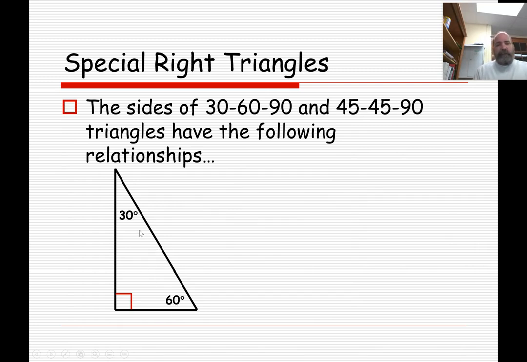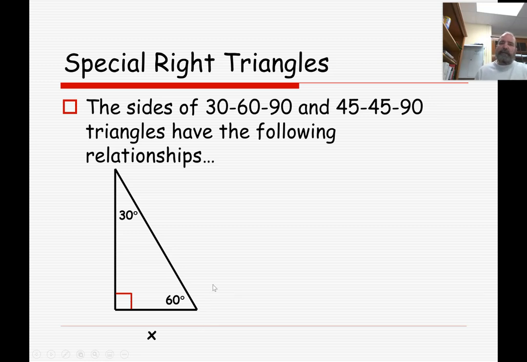Okay, so I have a 30, 60, 90 right triangle. And of course, these add up to 180. The sides are always proportional. Okay, and that means they always have the same ratio. And I like to call this, in this triangle, the short side, the medium side, and the hypotenuse is the long side.